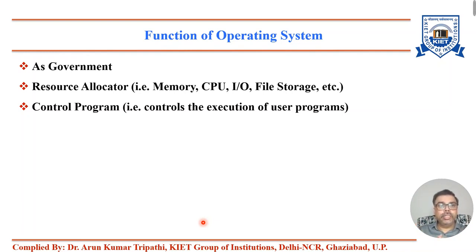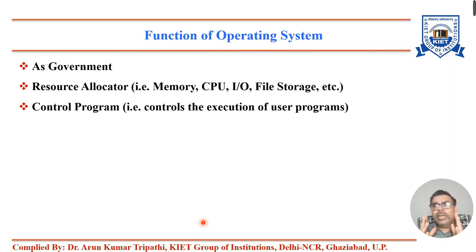In another word, we can say it works as a resource allocator, means which resource must be allocated to which process. A number of processes may be executing simultaneously. For example, I am listening to a song, I am copying a file, I am writing a program.